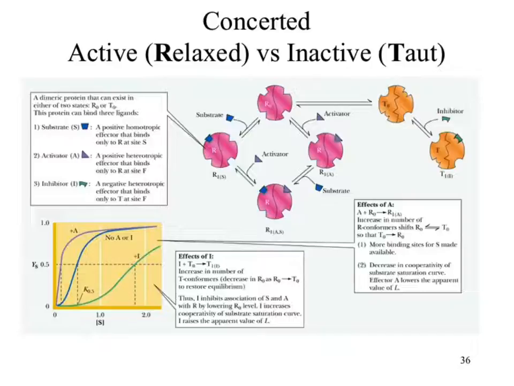What happens if I have tons of activator present? So we ignore the presence of substrate. I just add in a huge amount of activator. What happens to the equilibrium between the relaxed and the taut? It shifts left. Because of the activators, it's going to speed up.